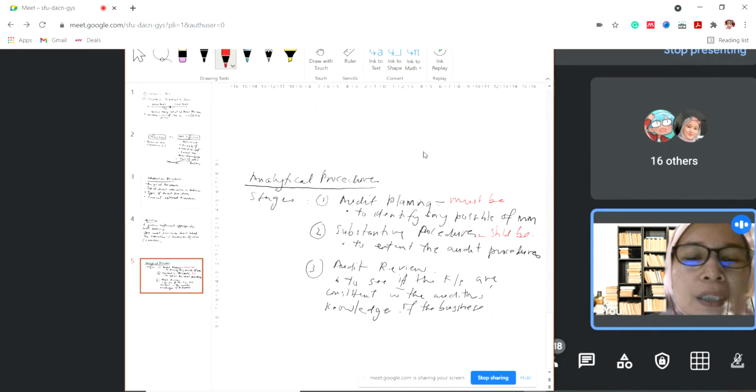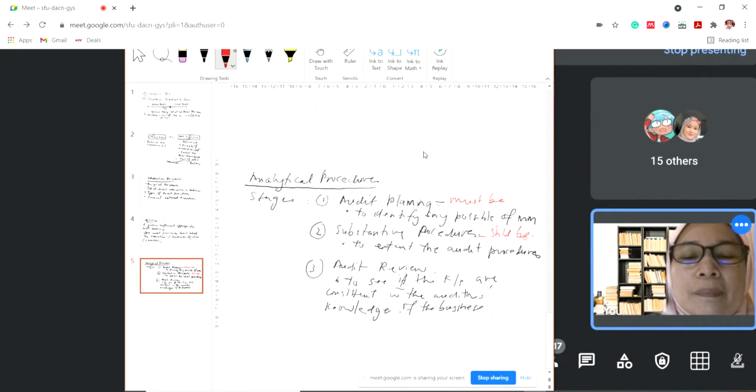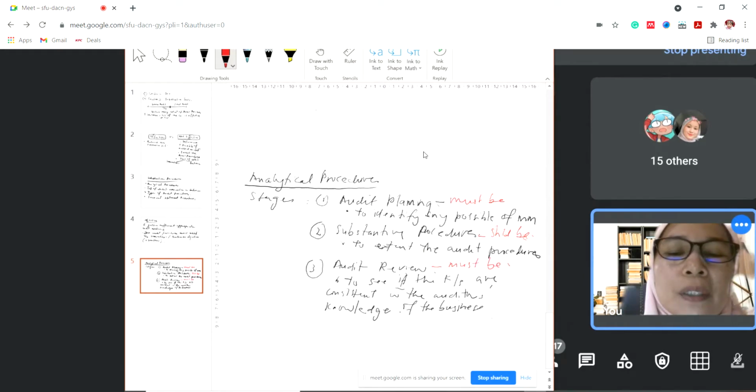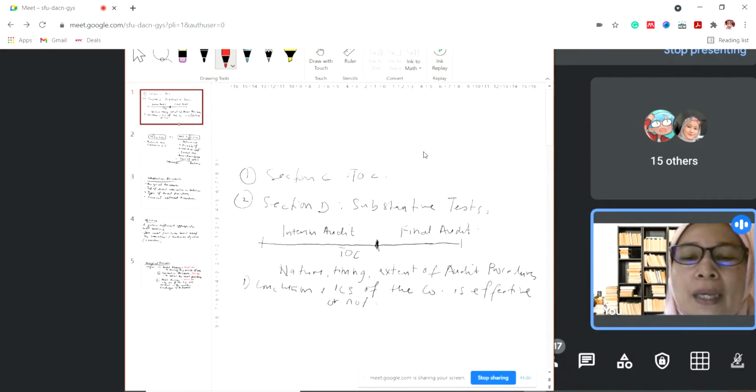If you think that you want to extend the test, you can perform the substantive procedures during the audit test. But at the end of the audit, it must be done again. So if you look at today's timeline here, it must be done during the audit planning.